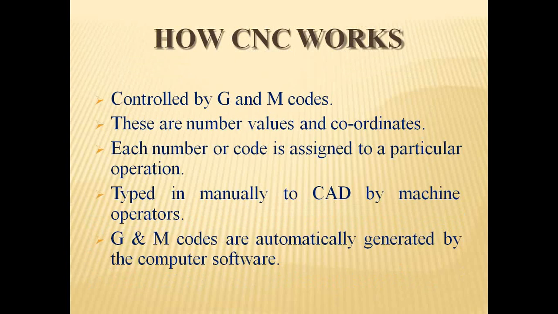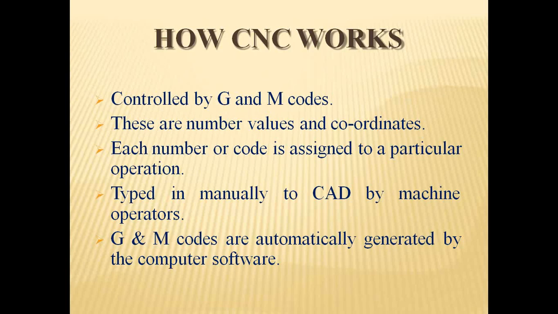We all know how CNC works, but for CNC working we especially need a computerized numerical program. This program can be written only with generalized and machinery codes, which are denoted by capital G and capital M along with number values and coordinates.